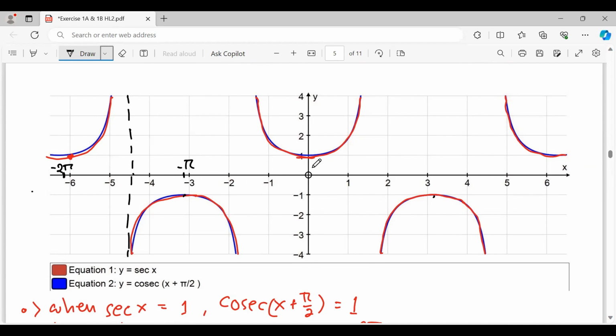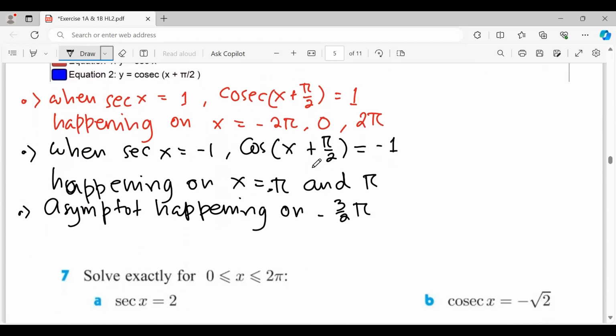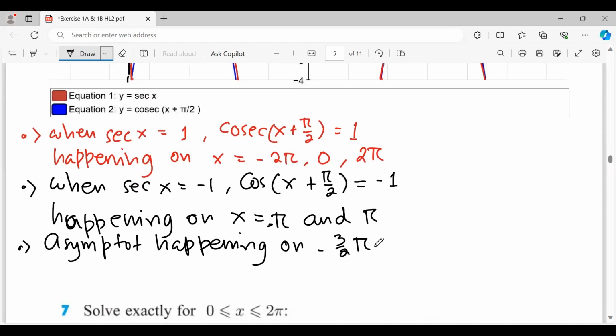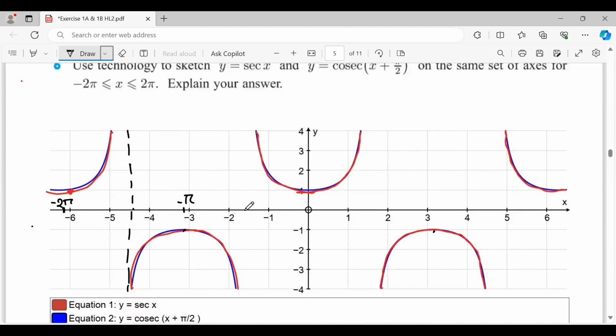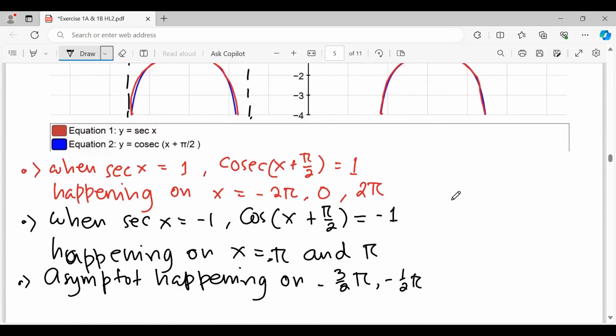Now you make a straight line. After that, minus half pi around here, so it will be like this. After that, half pi around here. And 3 half pi.